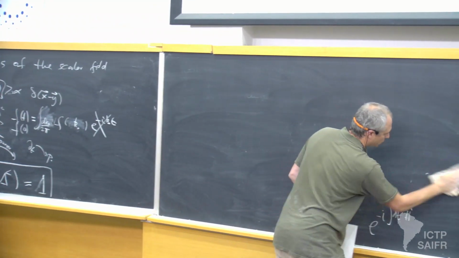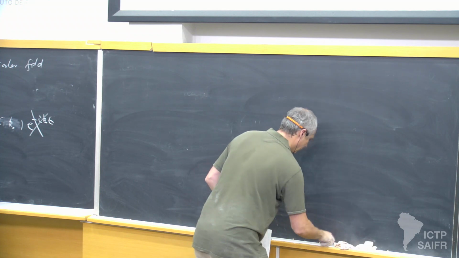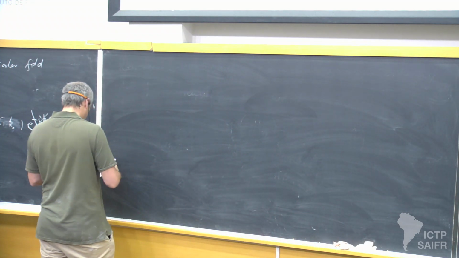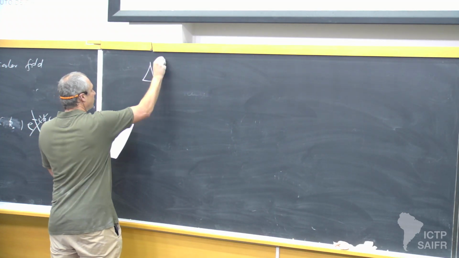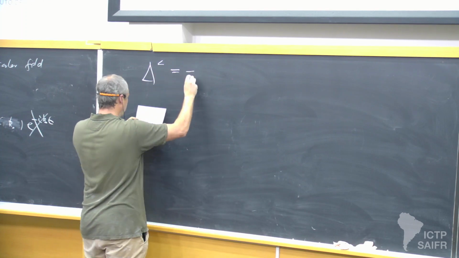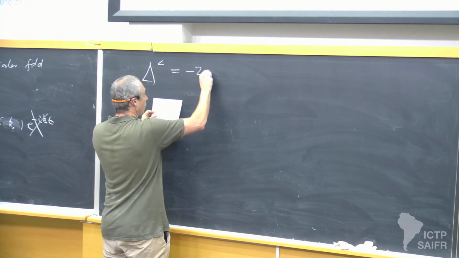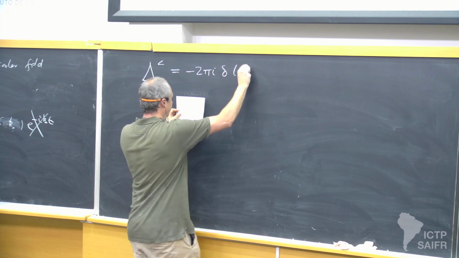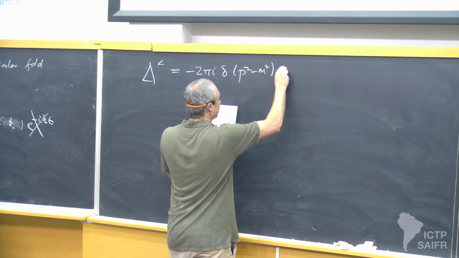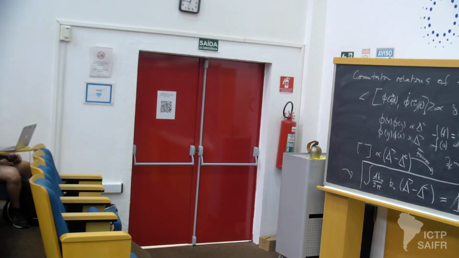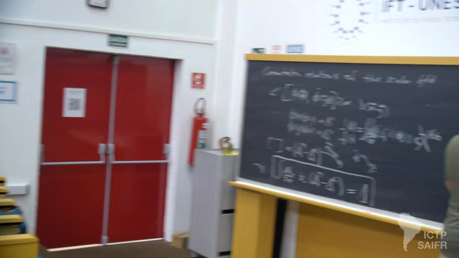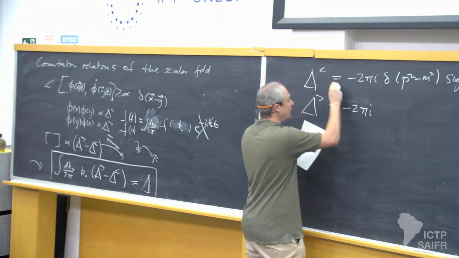I will not go through all the steps, just write you the final result in the hopefully correct normalization. What you find is the following. Delta less is minus 2 pi i, then this delta function, then a signum function, and then some so far unspecified function n, which can depend on p naught. Then we have the bigger function, which is just a definition in some sense.